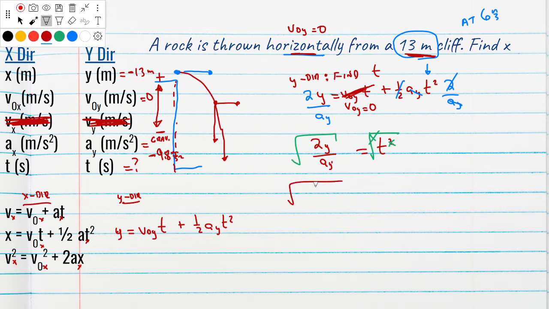So here we go. 2 times the y, that was a negative 13. And the acceleration in the y direction is negative 9.8. Like that. And that's going to be how long this thing spent in the air.